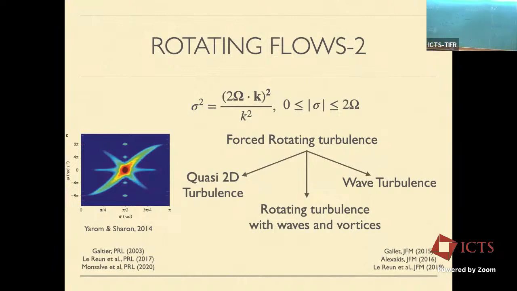So omega is 2 omega dot k vector, the angle which the k vector makes with capital omega, so you can write it as 2 omega cos theta. So this is the cos theta that you see. That angle theta is what is shown on the x-axis, and omega is the time component.